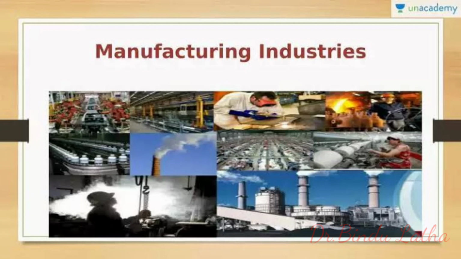It is highly decentralized. It supports other industries like chemical and dyes, mill stores, packaging and engineering. The main areas of cotton industry are Maharashtra, Gujarat, West Bengal, Uttar Pradesh, Madhya Pradesh and Tamil Nadu.